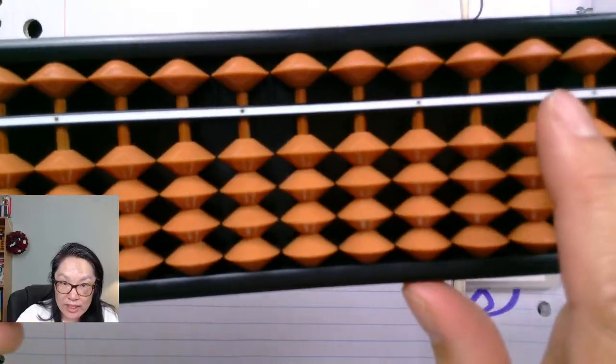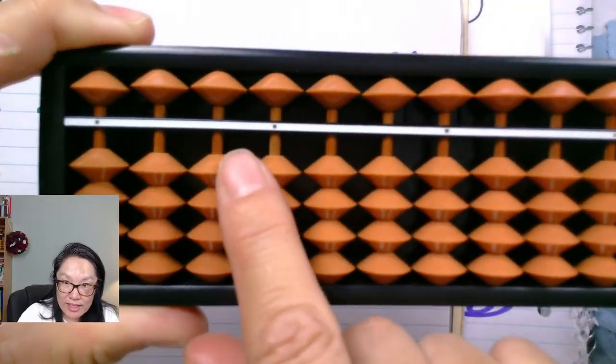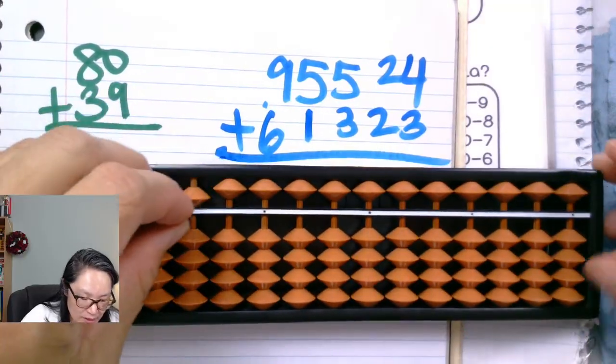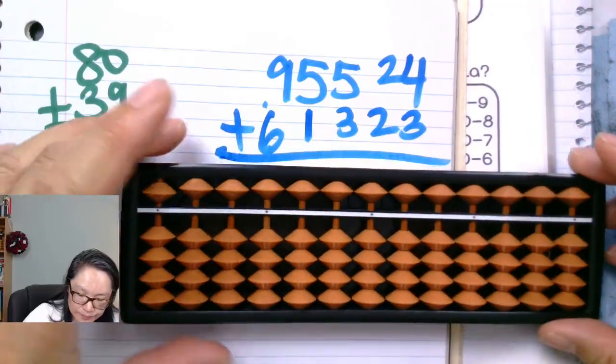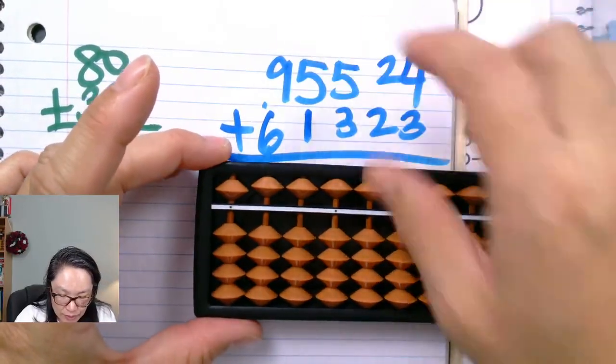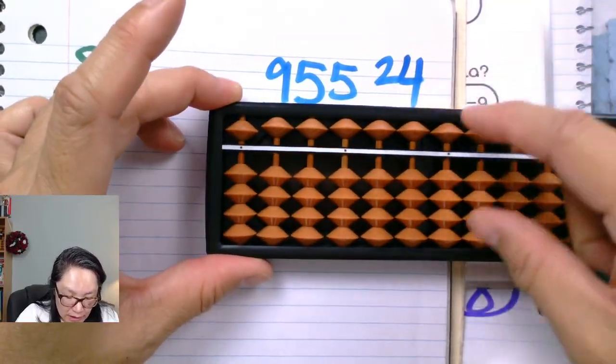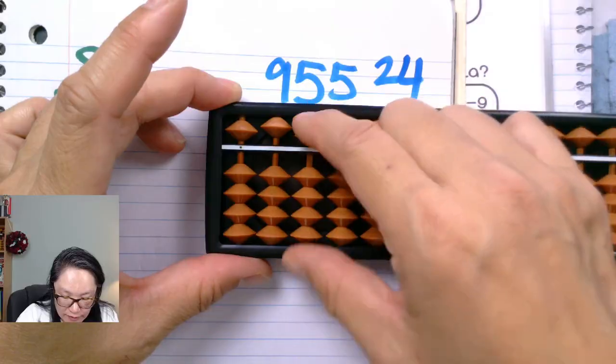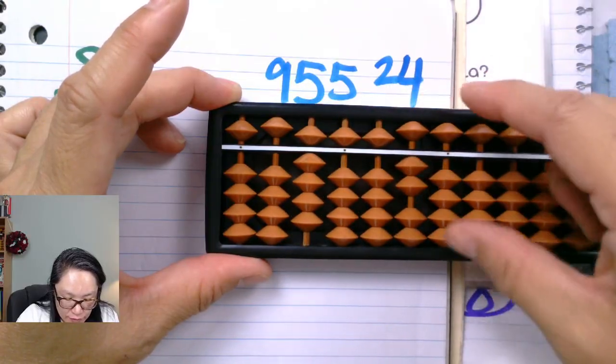I choose one of these to be my home, just this one right in the middle, because I like to be balanced. So when I add my numbers, I'm going to have 1, 2, 3, 4, 5. 9, 5, 5, 2, 4.